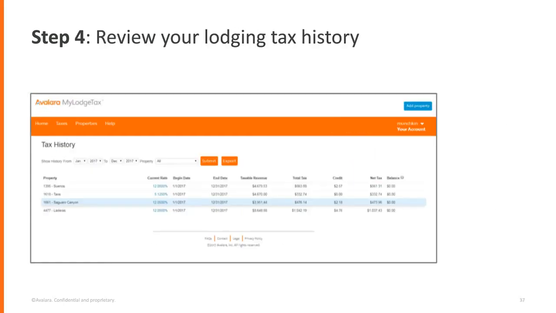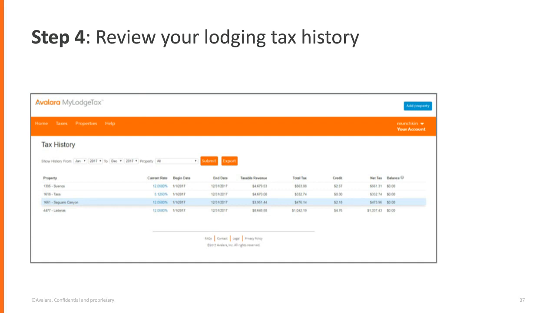All right. The next step is every time you report a revenue amount to MyLodgeTax, that is going to be populated and saved in your tax history page. This is a great location at the end of the year for you to show to your accountant. That way they understand the total revenue that was collected from your renters and how much tax you've been paying.